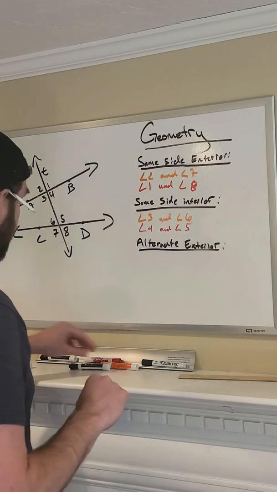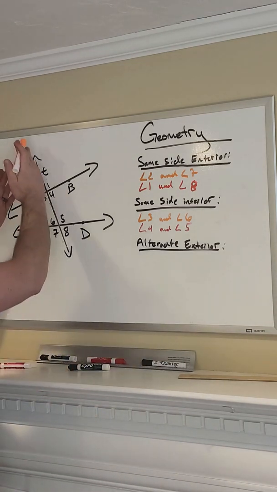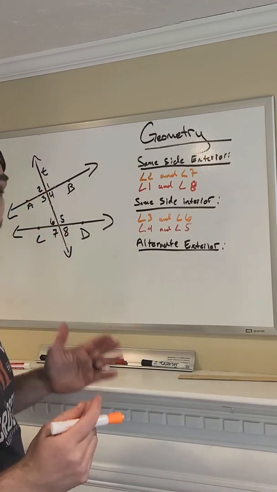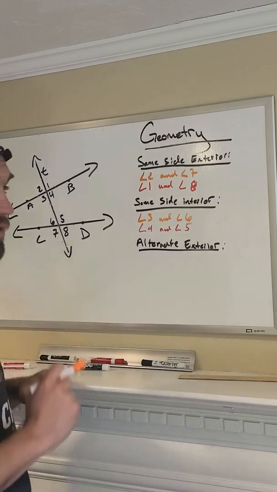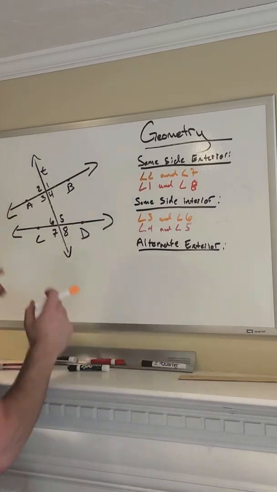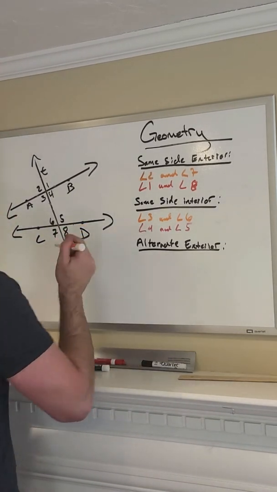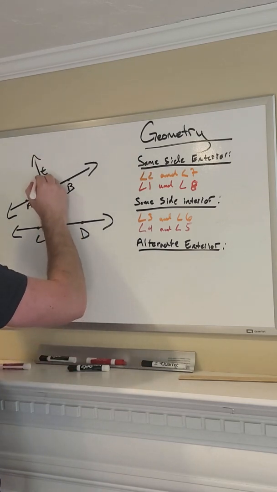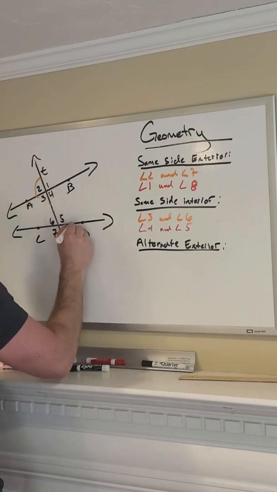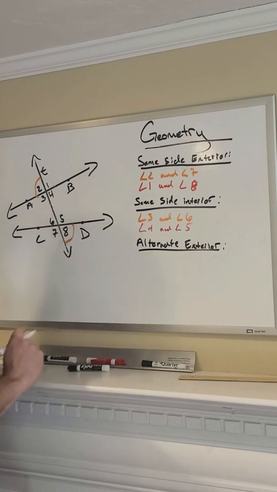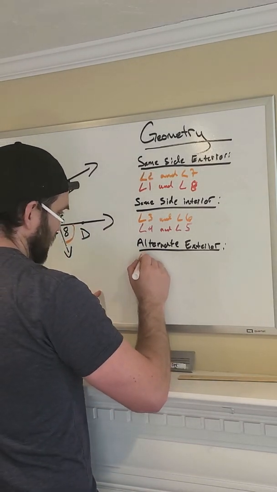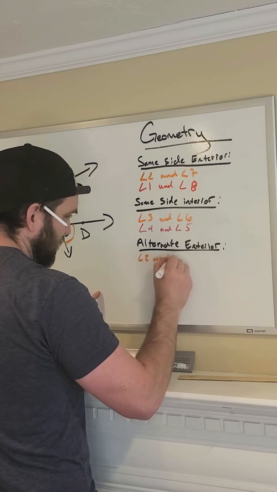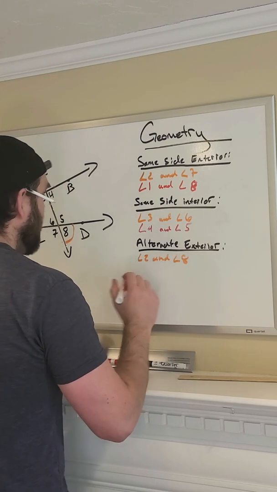I look at the transversal, and I say on alternate sides, or opposite sides of the transversal, and also on the outside. So there's my transversal, 2 and 8 are on alternate sides and outside. So angle 2 and angle 8.